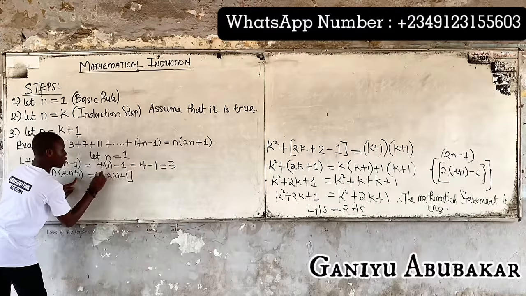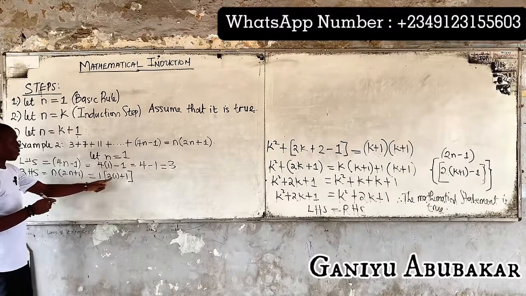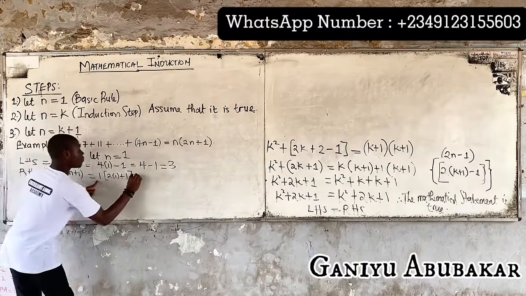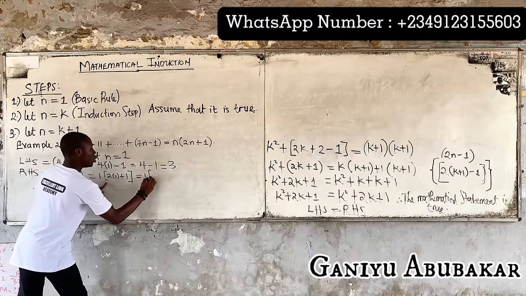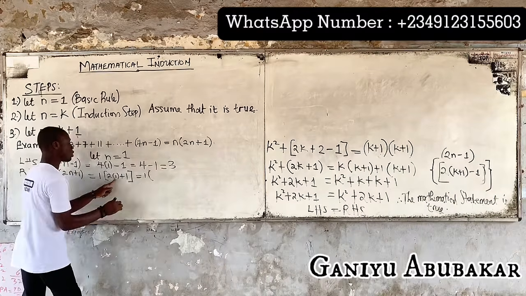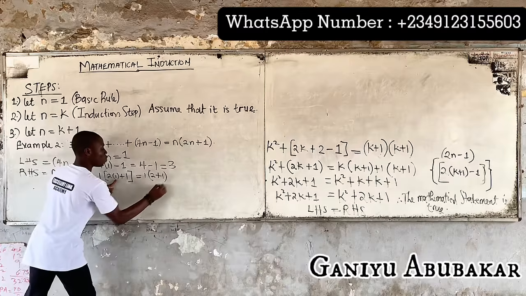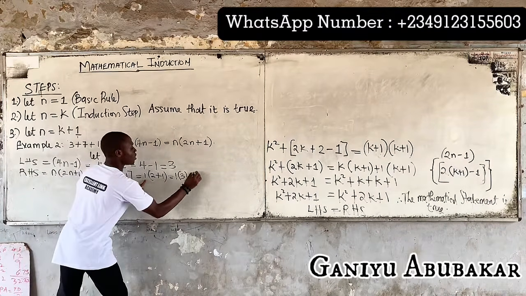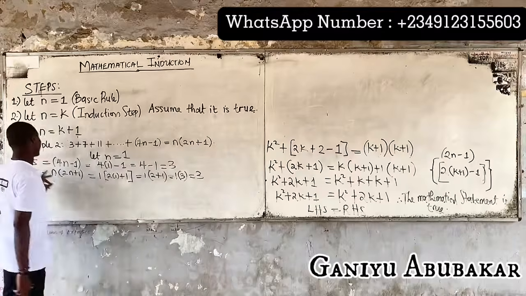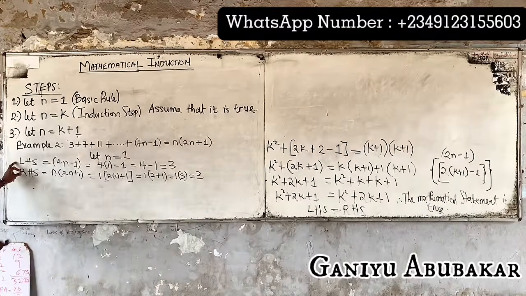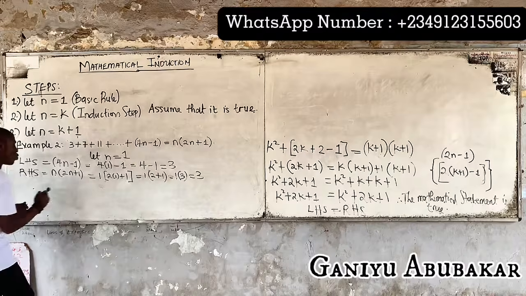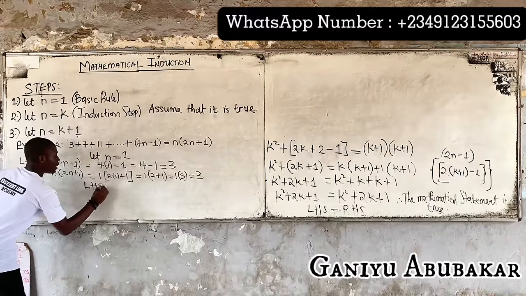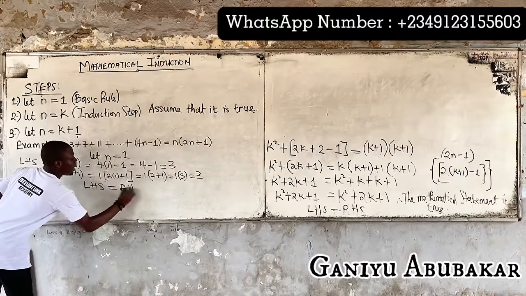Mind you, I'll use a square bracket because I'm seeing a number inside. 2 times 1 is 2, plus 1 gives 1 into 3, which gives 3. Observe that my left hand side is equal to my right hand side.